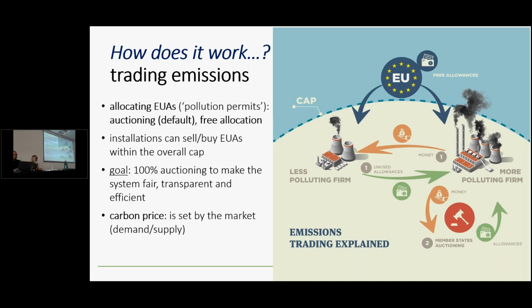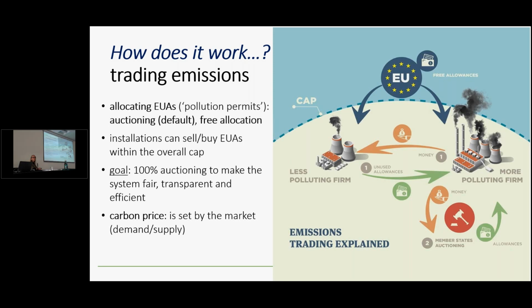So there are emission allowances in this pot, and each company or installation needs to account for how much they emit. They need to have enough pollution permits to cover what they emit. How do they get these allowances is the main question.